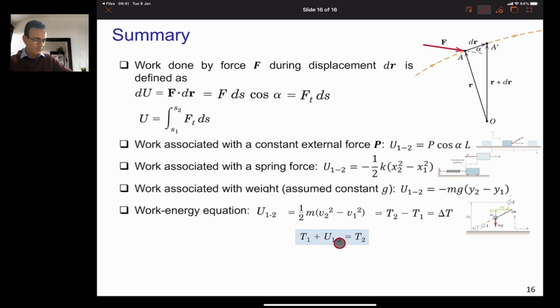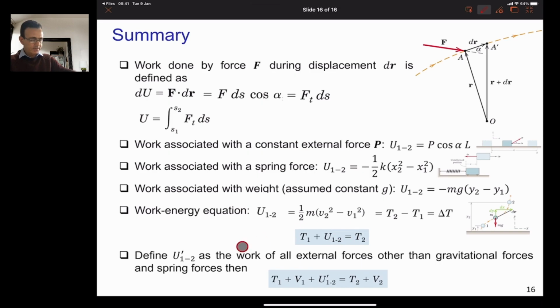So T1 plus U12 equals T2, and then we can define U12 dash as the work of all external forces other than gravitational force and spring force.